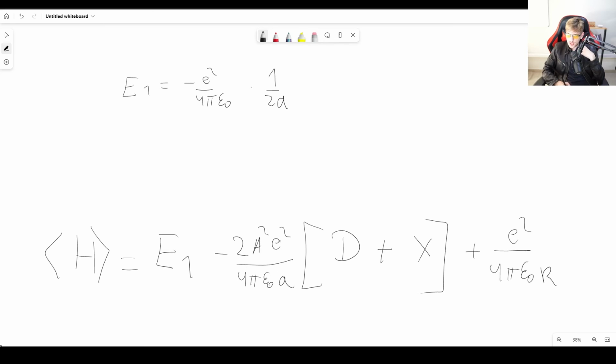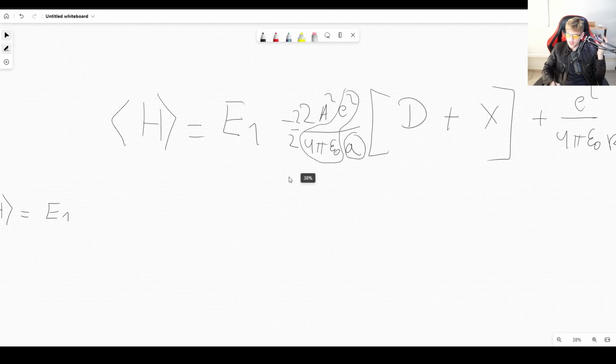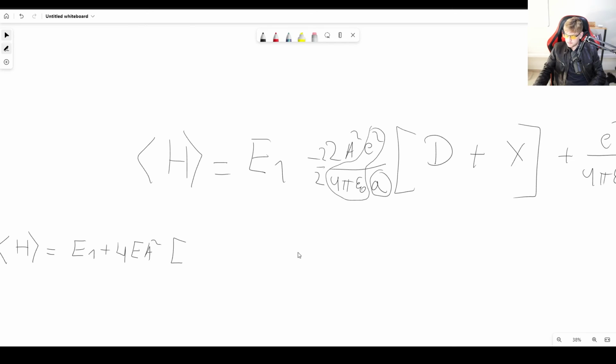So if we look at what we have here, we have e squared over 4 pi epsilon 0, we have a. We only need to multiply by 2 and divide by 2. So if we do that, we can rewrite that entire thing as just plus 4 times E1 times a squared times everything else, okay? So that is what we want to do there.